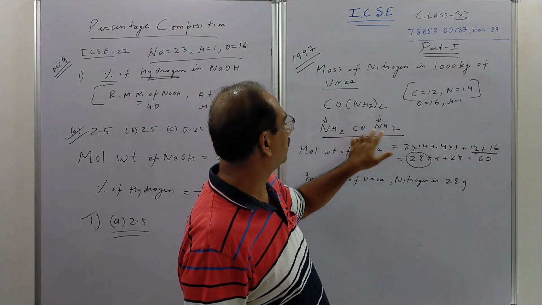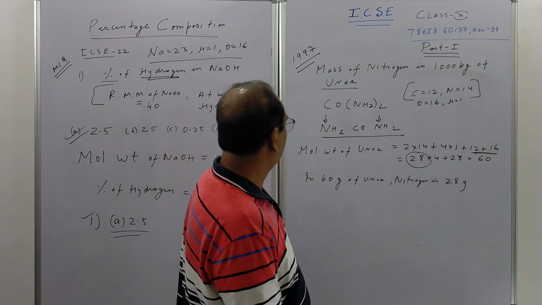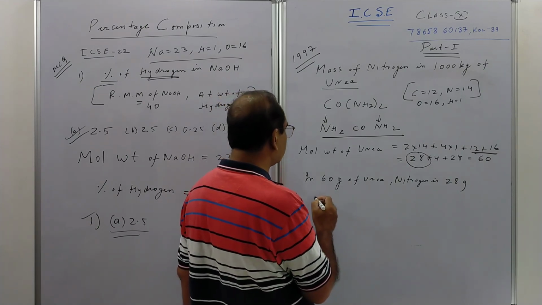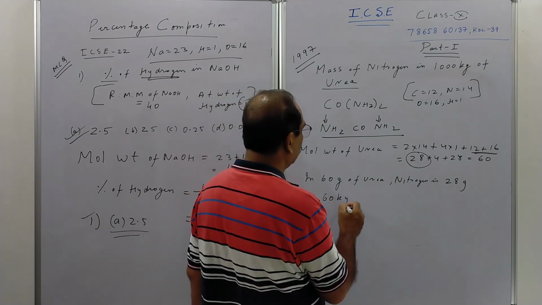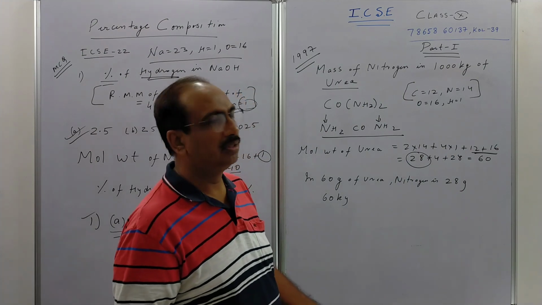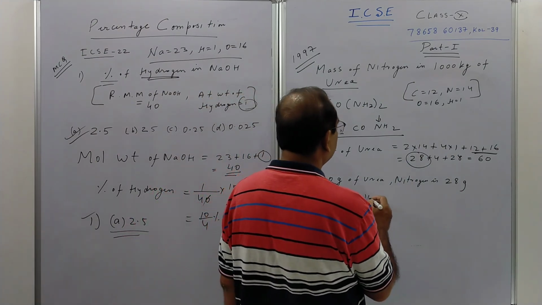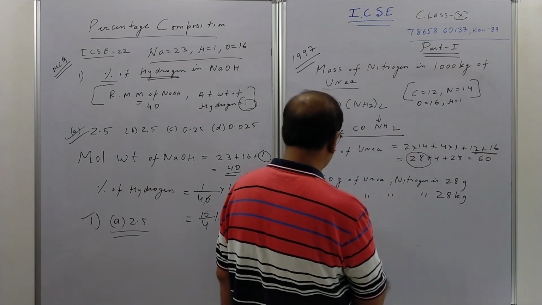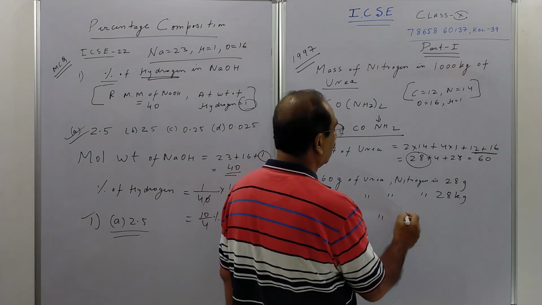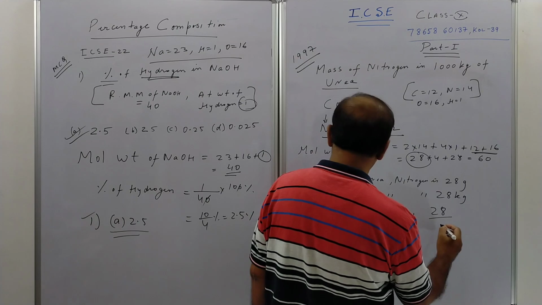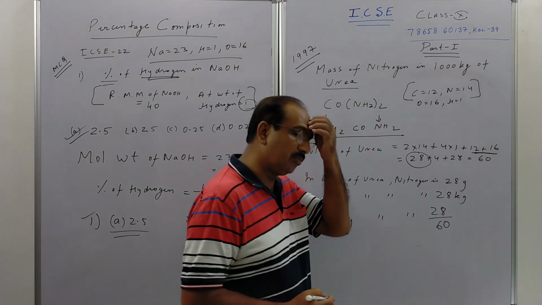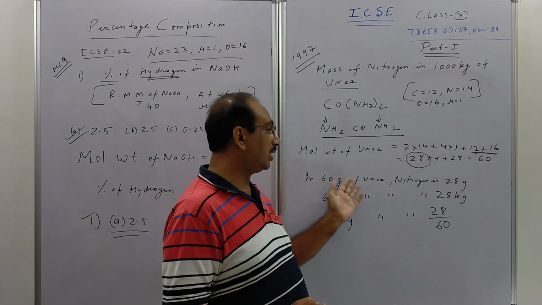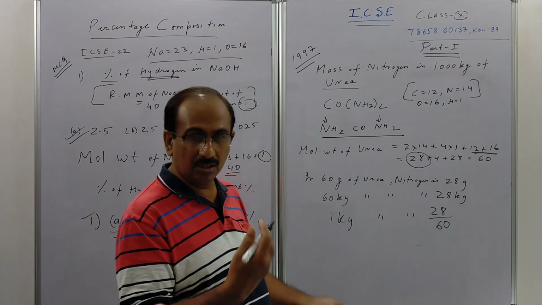There are 2 nitrogen if you see. So you can write in the same way in 60 kg, because if you multiply by 1000 both sides, so 60 kg of urea, nitrogen is 28 kg. So if you take 1 kg of urea, nitrogen will definitely be less. Unitary method: 28 by 60, because in 60 kg it is 28, so in 1 kg it will be less.